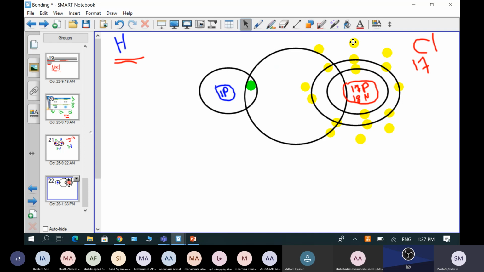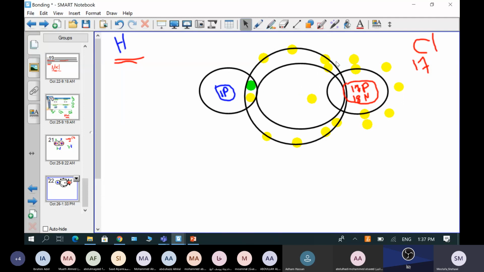One electron from here, and other electrons will come, one here, one here. All of these three come here, and this one will come here. So these are 1, 2, 3, 4, 5, 6, 7 here, and this is the 8th one.